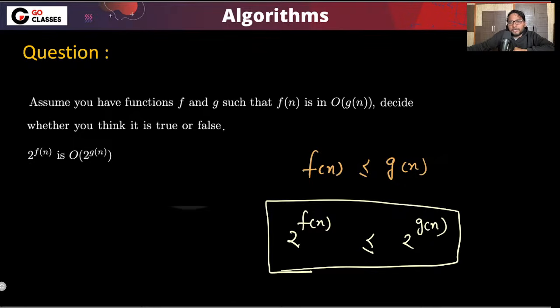Try to take a case where asymptotically this is the case, but in reality this is greater. Let's suppose this is 2n and this is n. In reality this is greater. Now if you take the power, 2 power 2n and here 2 power n, which one is greater?